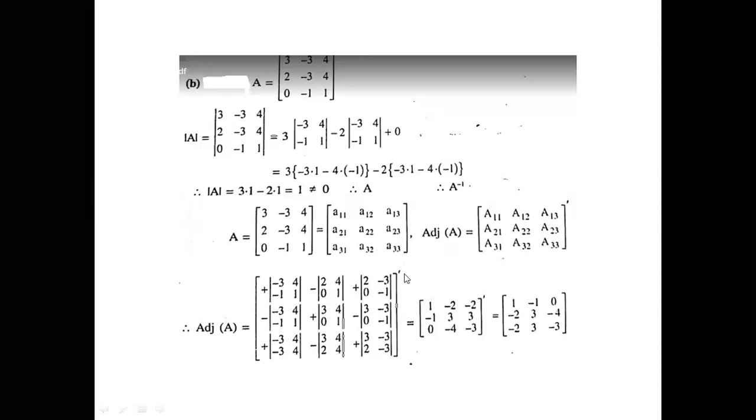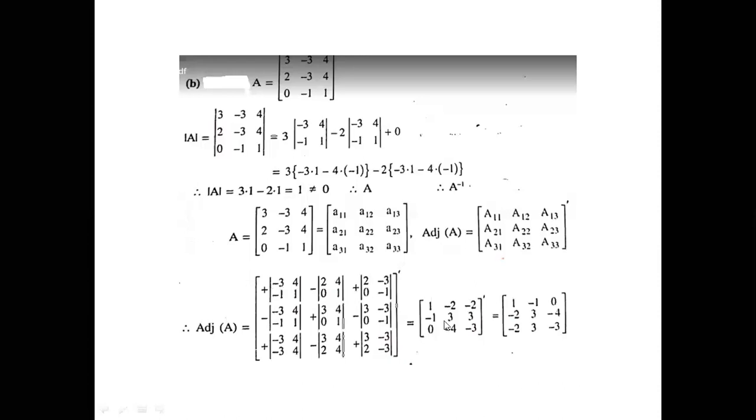Now we have to transpose this matrix. After solving this, we get 1, minus 1, 0, because minus 3 multiplied with 1 is minus 3, and 4 multiplied with minus 1 is minus 4, and there is a minus, so plus 4.